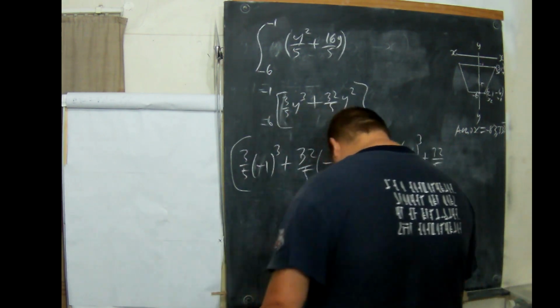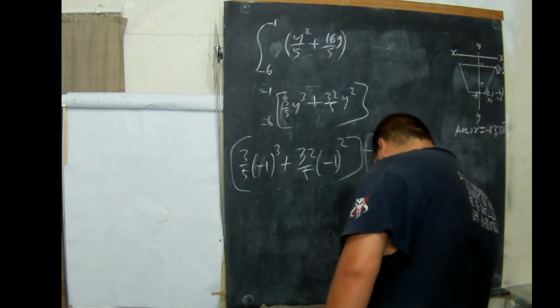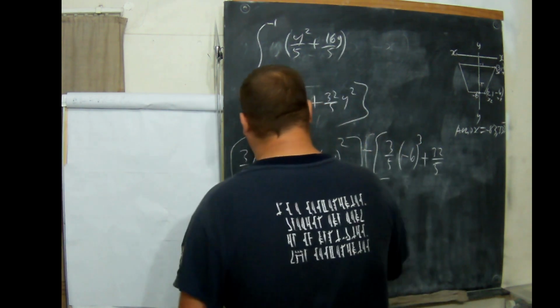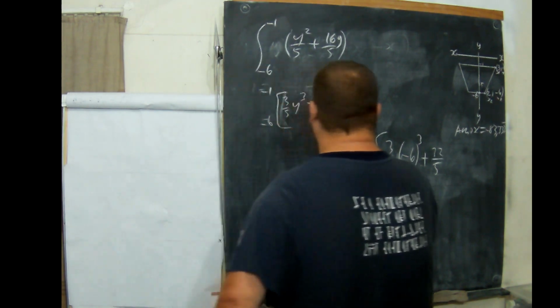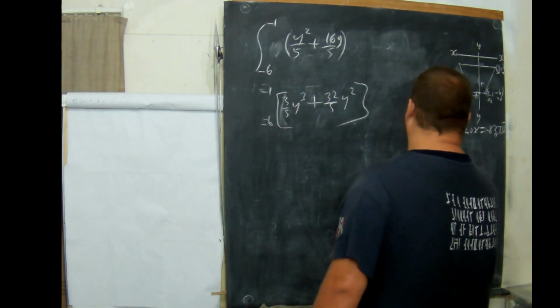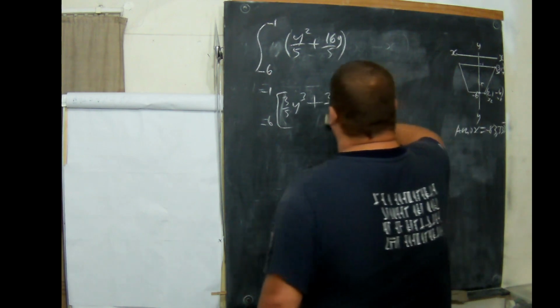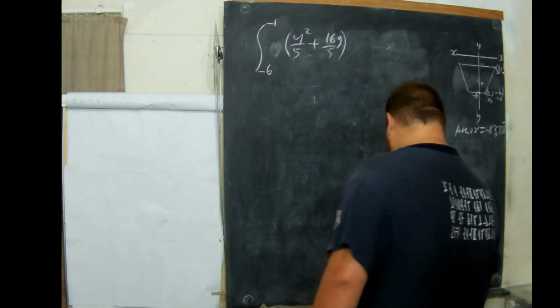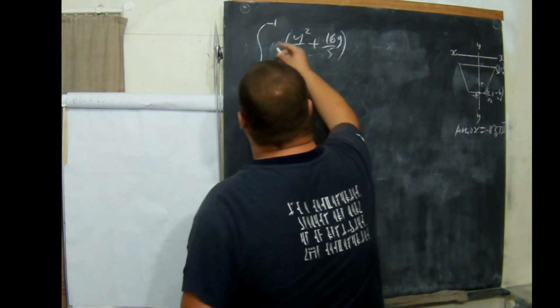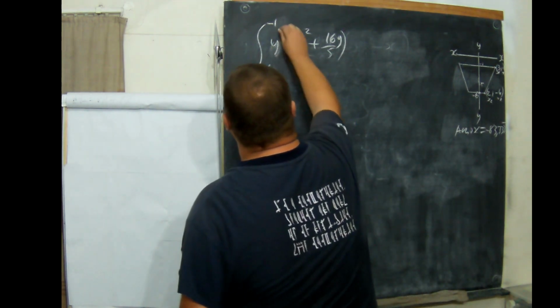So y squared dA. How to do that is quite simple. All we've got to do is go to the top and say that y is squared.